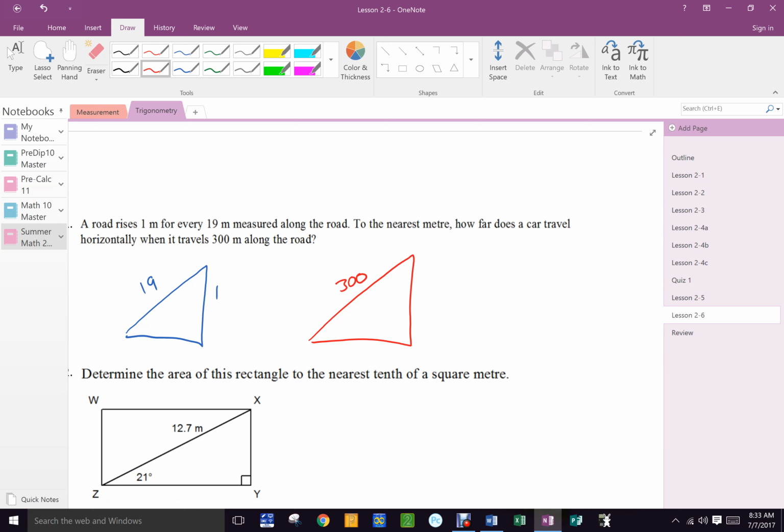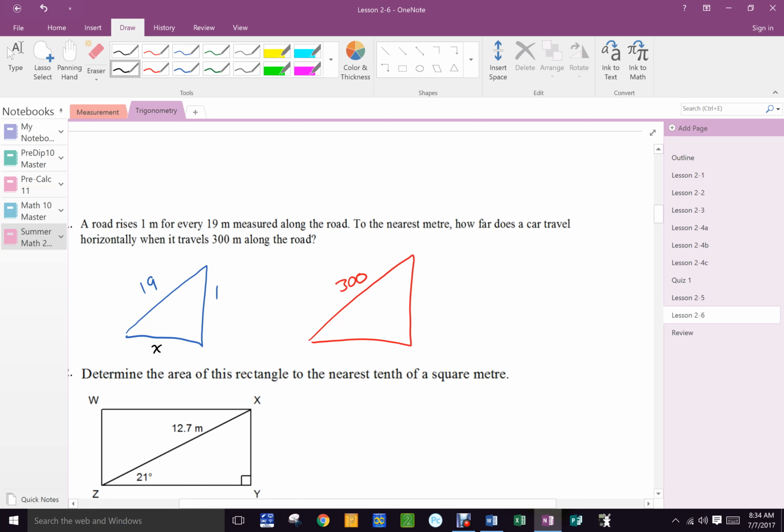Right? So doesn't 19 over 300 have to equal all the same comparisons? So if I know this side right here, can I figure this side out over here? Yeah.